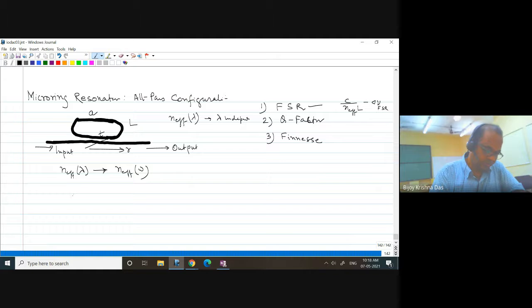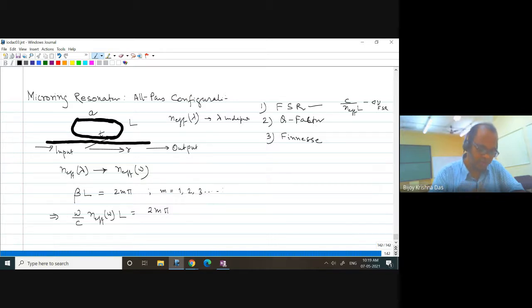You remember that the resonance condition is that the total round trip phase must be equal to 2 m pi. This can be modified as omega by c, n effective of omega, times L, equal to 2 m pi, where m equals 1, 2, and so on.